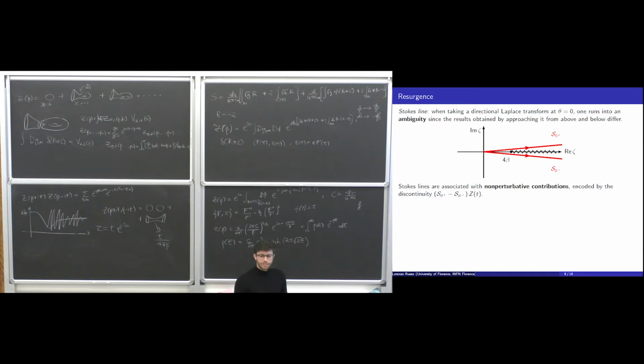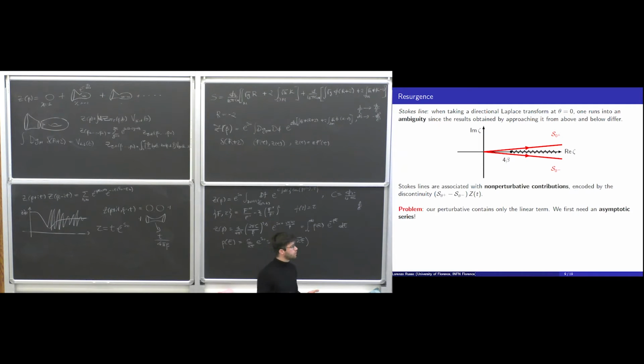Okay, very nice. So the idea is clear, but what about our theory? Well, actually we have a problem because our perturbative expansion truncates, it is made only of one term. So we cannot even start to perform such a resurgent analysis.